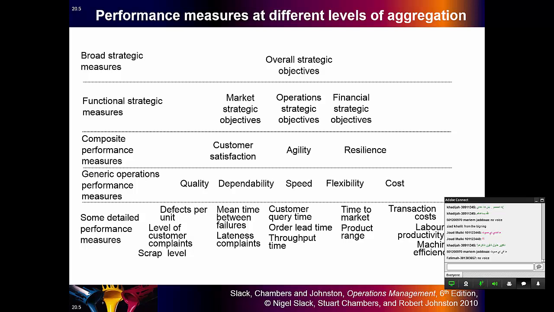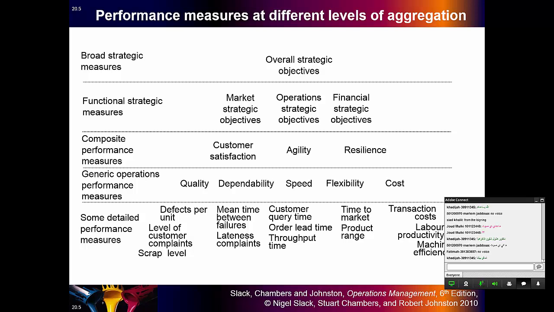Okay, and also the lateness compliance, which is related to providing the service to the customer. The more time needed to serve the customers, the less dependable our products or services are.